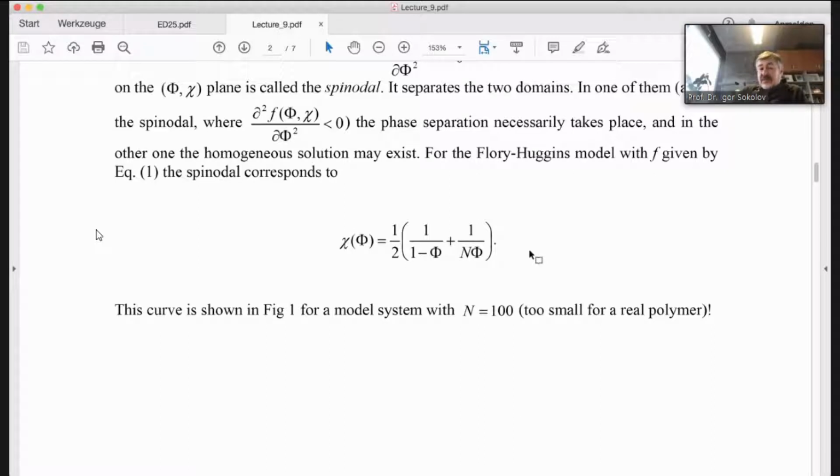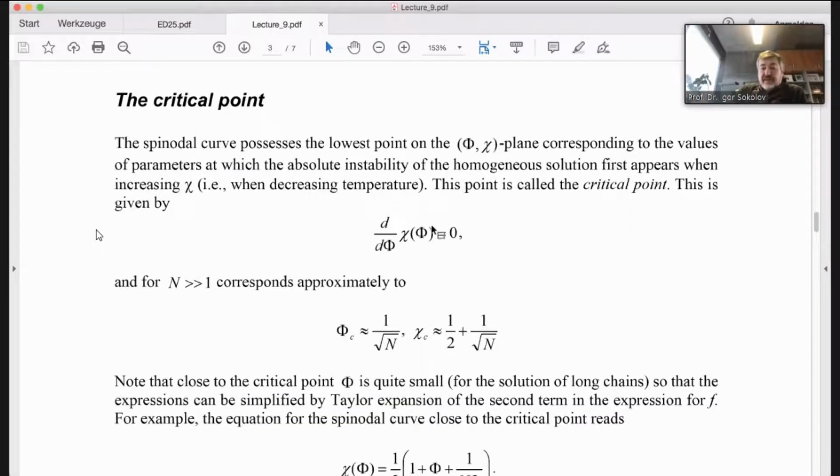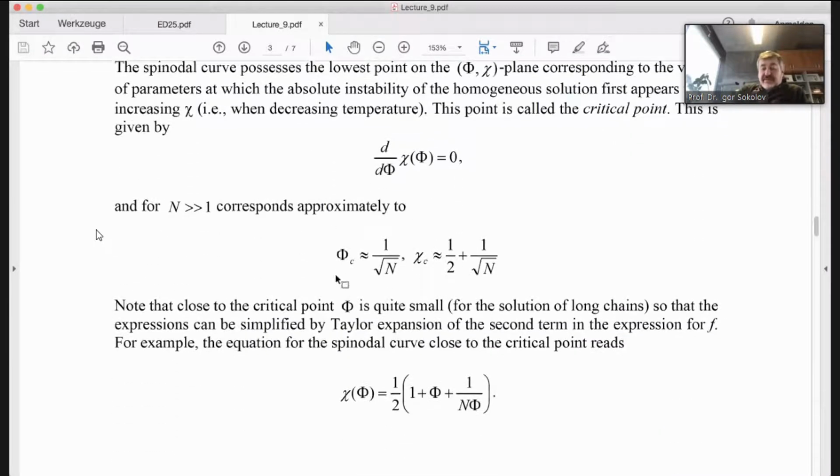It's again not really a complicated art to differentiate the function. So you get minus 1 over n squared, and here you get 1 divided by 1 minus phi squared, but with plus because the derivative is negative, and you put it to 0, and this is what you get.